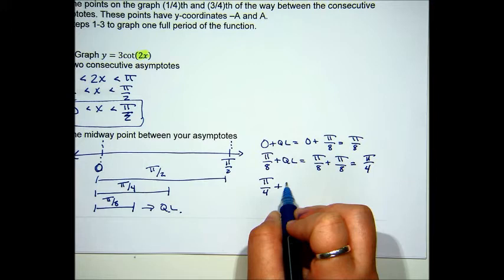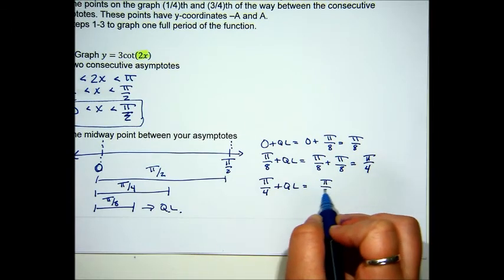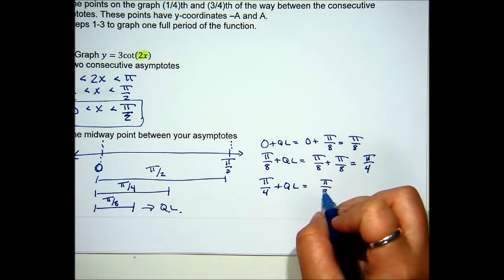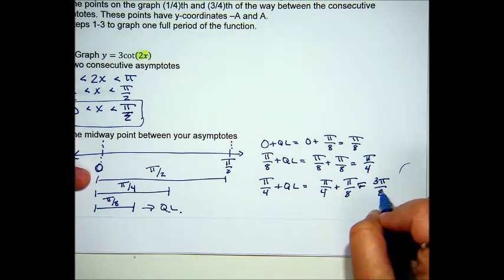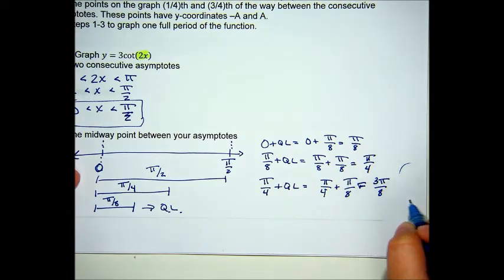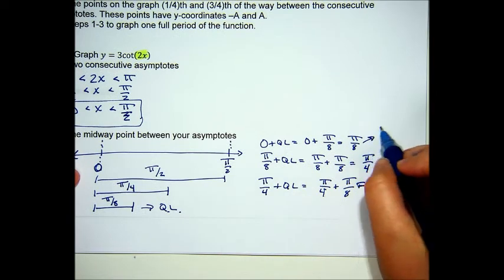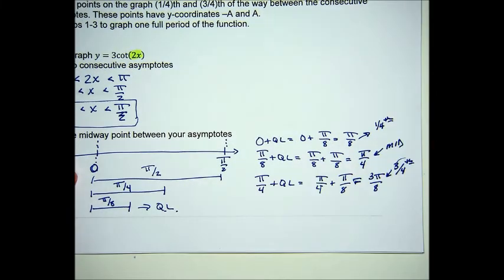Next, take that one before it, pi over 4, plus that quarter length, pi over 8. Pi over 4, which is 2 pi over 8, plus pi over 8 will get you 3 pi over 8. So that means this is my 1/4, this is my mid, and this is my 3/4.